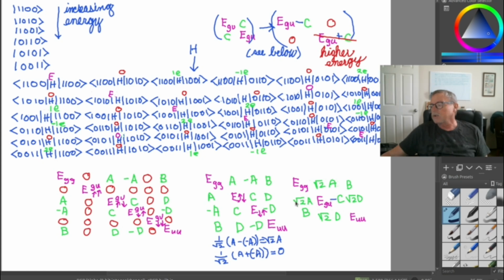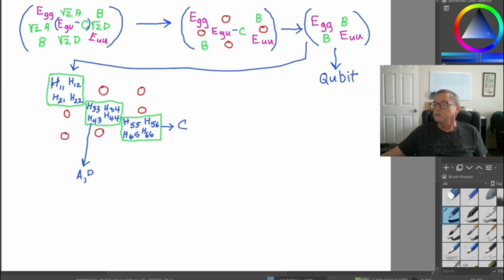Now, when we go to higher energy orbitals, then these things start coming into play. So they're not thrown away, they're just not needed for the ground state hydrogen molecule. So let's go on to the next one, see if that looks any better or worse than this thing. Well, it's certainly a lot simpler picture.